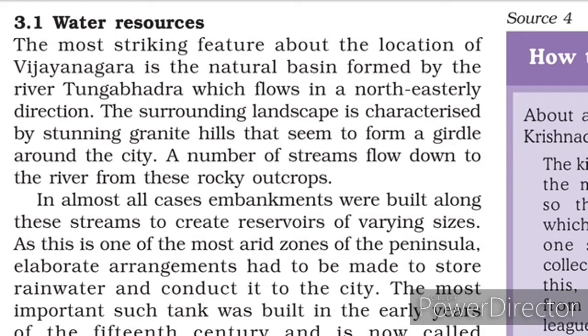Water resources means they have water, but this water is not derived directly from one source or one river. It is brought to their area and then stored. For storing they needed a tank, and they had a very beautiful tank constructed during their time. That is why water resources is also a very important part.